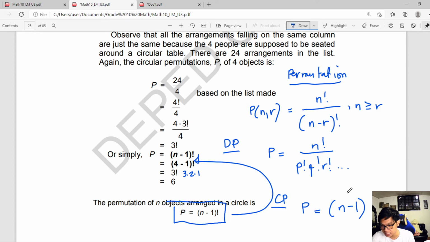I-arrange natin sila in a circular object. Like for instance, dining table, di ba, circle man yan. So, tandaan nyo itong mga formula. These are the formulas under permutation. Ito yung formula in general. Pag may duplicate naman ito, and pag sa circle naman, ito yung gagamitin natin na formula.